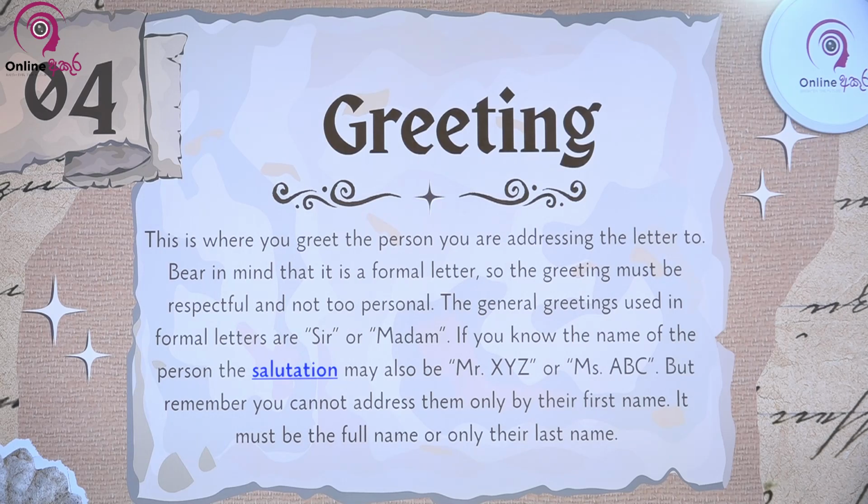Greetings are also very important. The reason being, in an informal letter, you can write anything and everything because you are writing it to a friend. So in the greeting, you can write dear or darling Ammi, dear friend, or the pet name of your friend, your siblings, anything, because there is no one to judge you, or it doesn't go beyond the person that it is intended for.